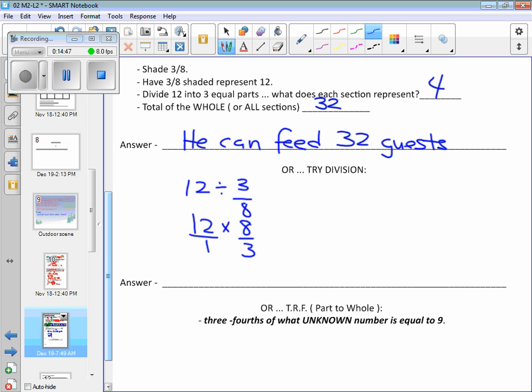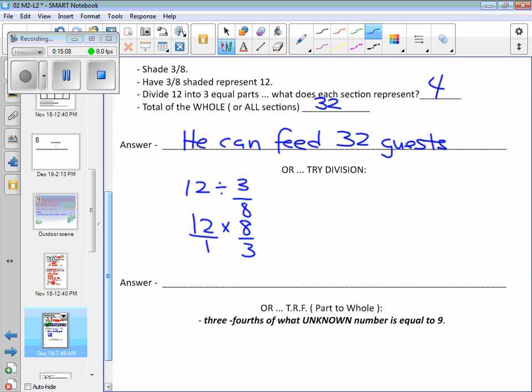Now we're going to multiply our numerators together and our denominators together. What do you get when you do 12 times 8? Anybody do that in your head? I had to do it this morning when I was figuring out the scoring for your quiz on Friday. I have 8 questions and each one's worth 12 points. Laura?